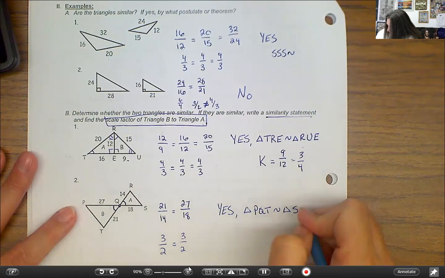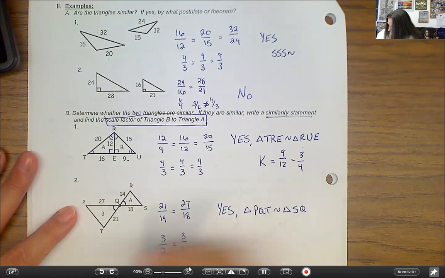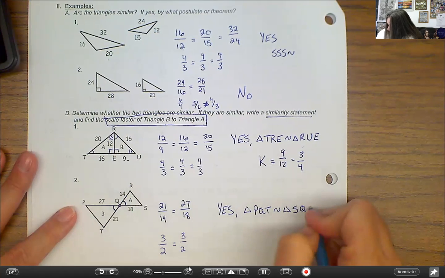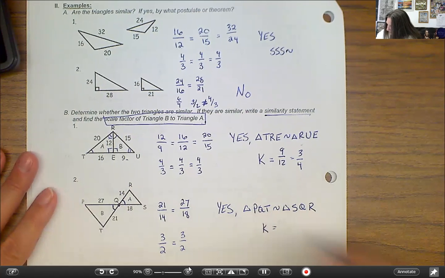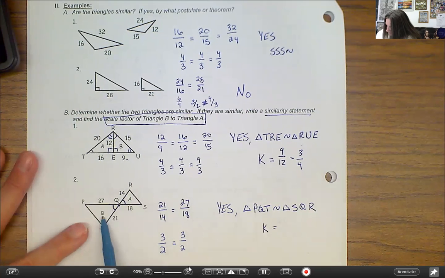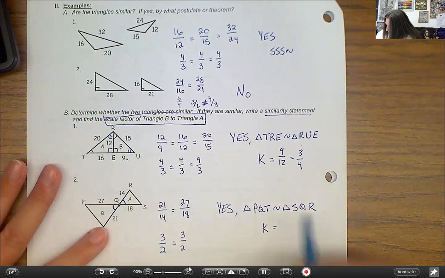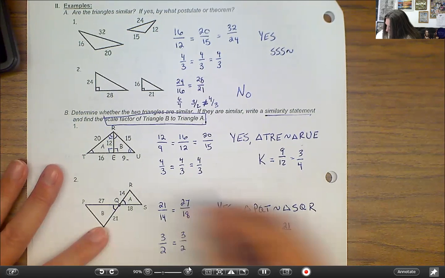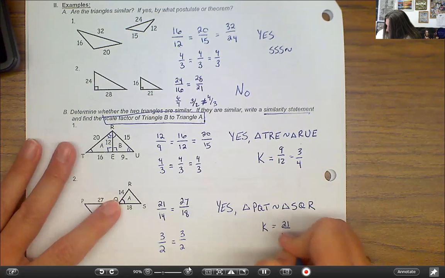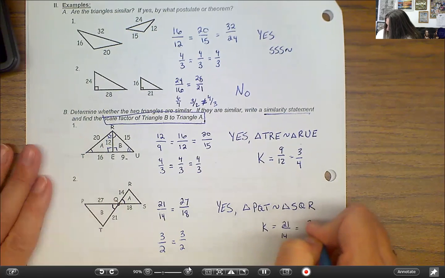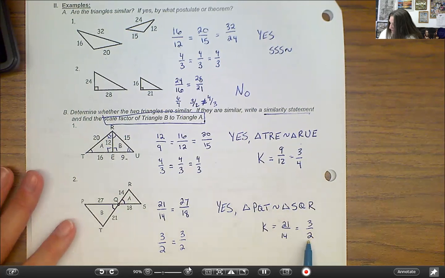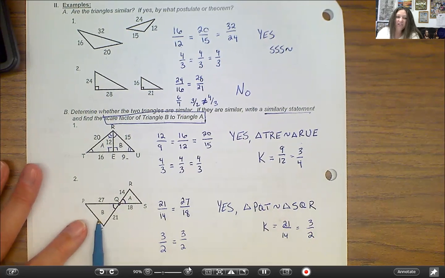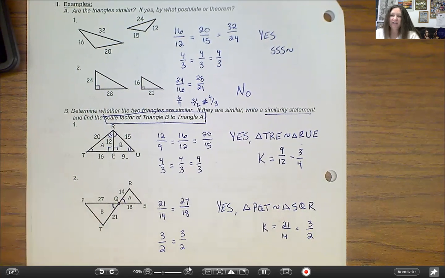Q with Q, there are the vertical angles, and then T rotates to R. And then my scale factor of triangle B to A. I'm going to put B in my numerator, so I'm going to use the smallest side again, 21, to A, which was 14. That reduces to 3/2. That should tell me this is larger than 1, so triangle B should be bigger than triangle A.